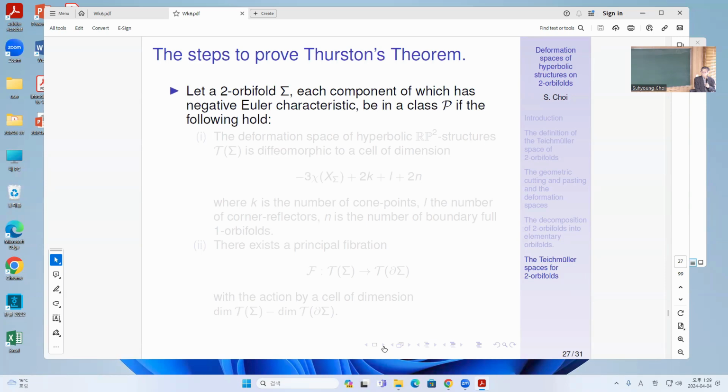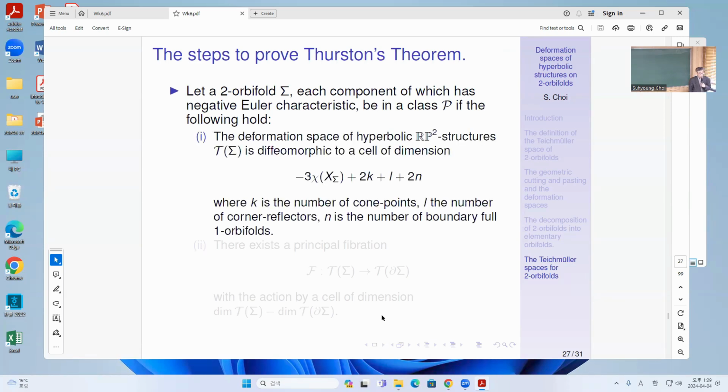Right. So now we want to prove the main theorem. I keep saying RP2, but that's sort of a habit. So the deformation space of hyperbolic RP2 structures T sigma is diffeomorphic to a cell of this dimension, where K is the number of cones and L is the number of corner reflectors and so on.